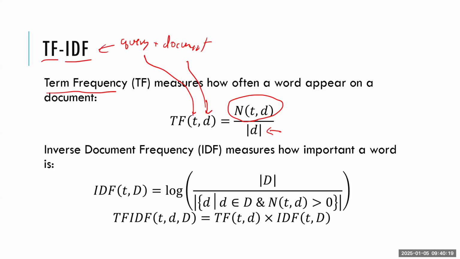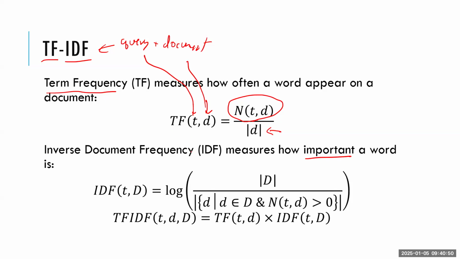That is the TF. But maybe this particular word is very common. If this word is very common in all the documents, maybe it is not that important. So we have inverse document frequency, and the inverse document frequency will measure how important a word is.